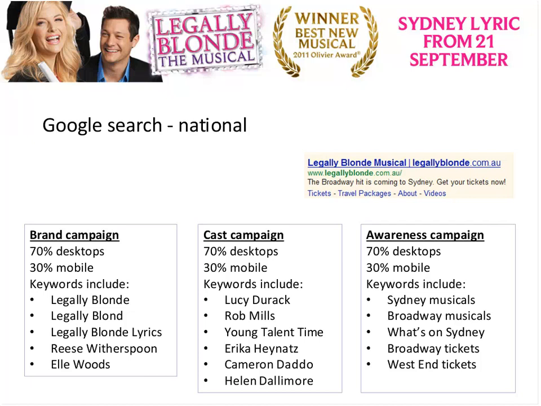You'll also see here, in the example of the ad, that I've set up what's called site links. Site links within your Google search advertising are very effective. The main call to action is clearly just the website homepage, legallyblonde.com.au.